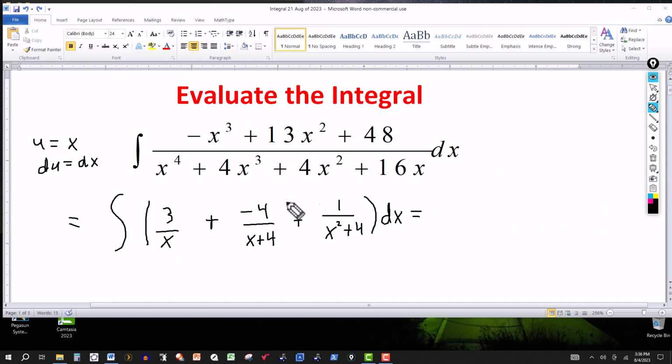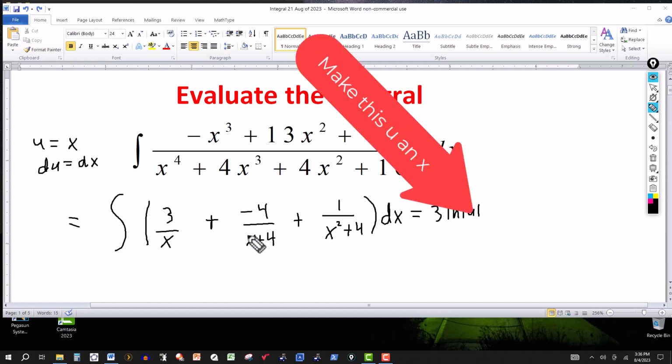So what we can do here is just say the integral of 3 over x would be 3 times the natural log of absolute x. In the same way, I could let u equal to x plus 4, but du then would be dx, the same sort of thing. So again, for this one, you can just put down the minus 4 as the factor, and that's the natural log of absolute x plus 4.